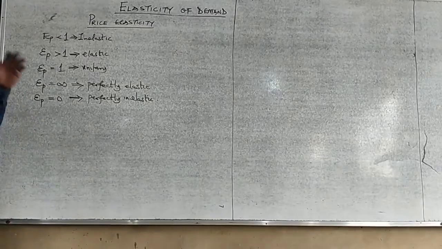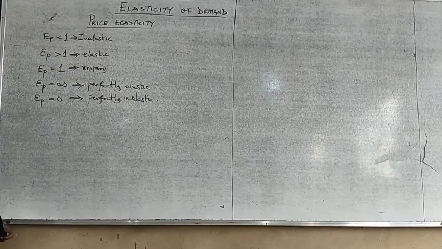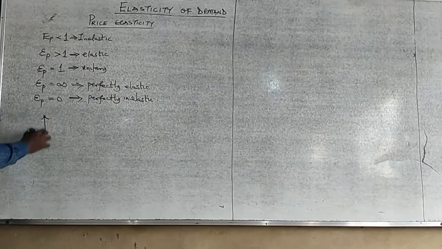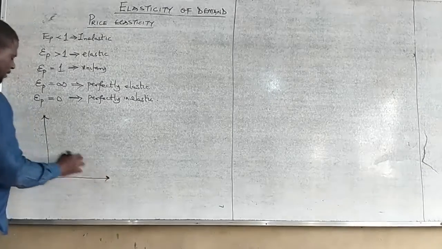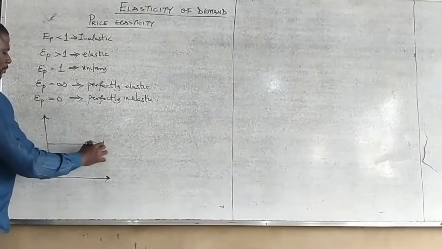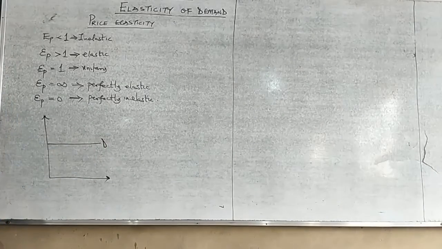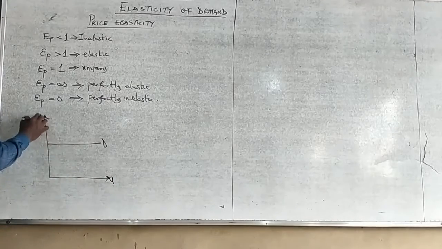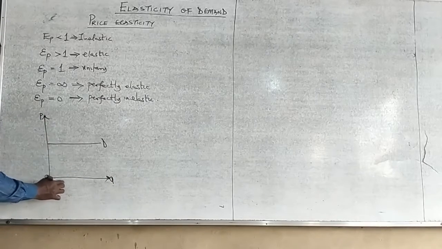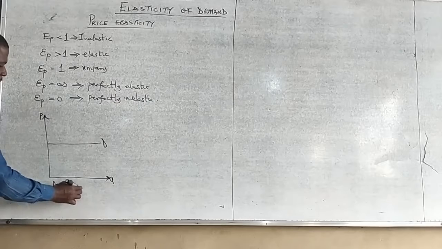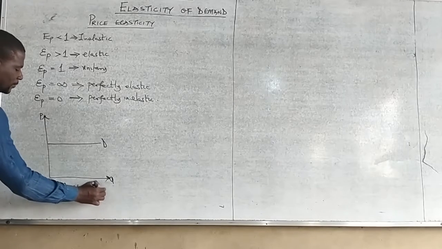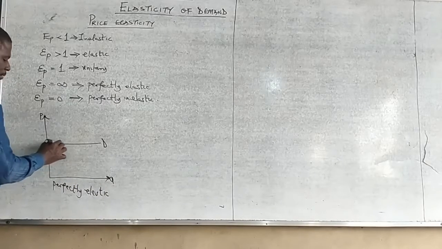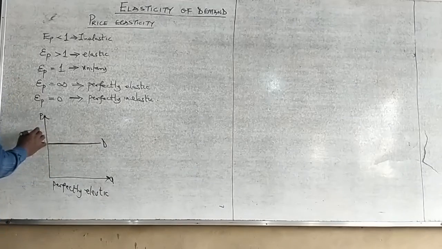Now, why I have to do this is because I want to explain the curve. Now, if you have a graph like this, so this one is perfectly elastic. You can see the price is not changing, the price remains constant.